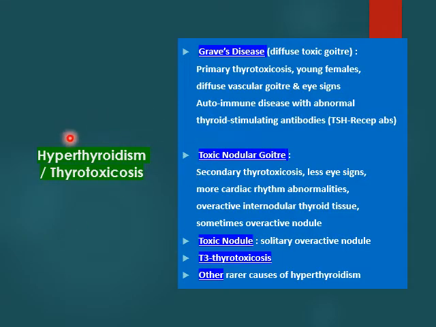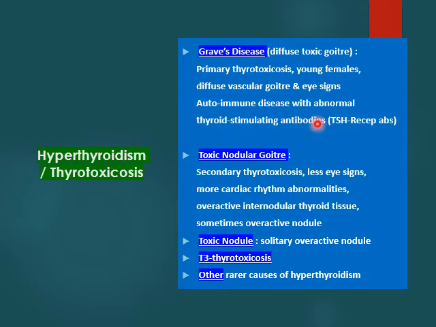The next group of diseases we will talk about is hyperthyroidism or thyrotoxicosis. These are a few conditions associated with hyperthyroidism. The most common is Graves' disease, also known as diffuse toxic goiter. This primary thyrotoxicosis affects young females more commonly. Diffuse vascular goiter and eye signs are common.